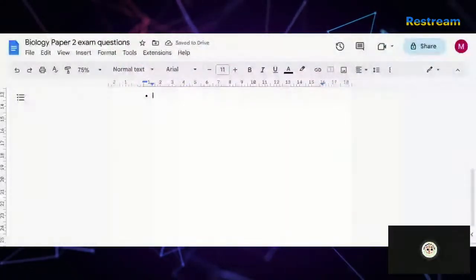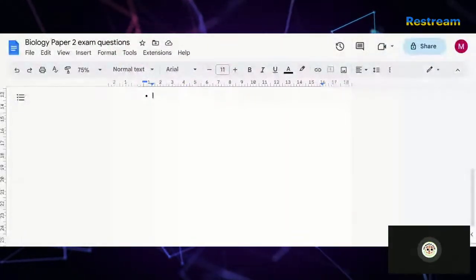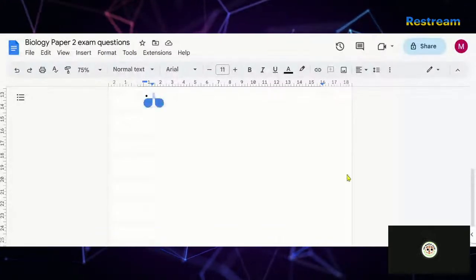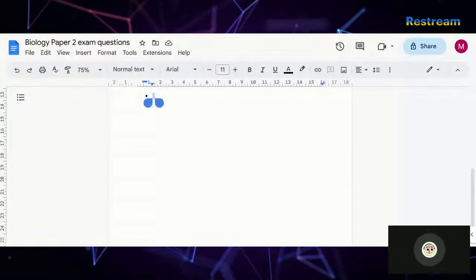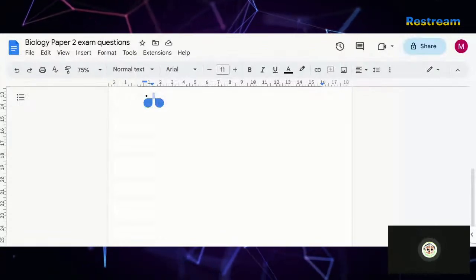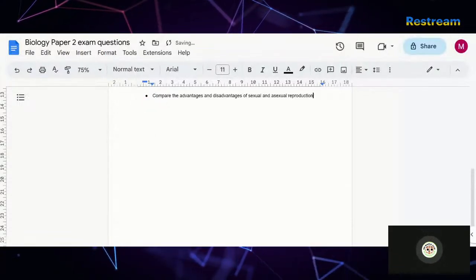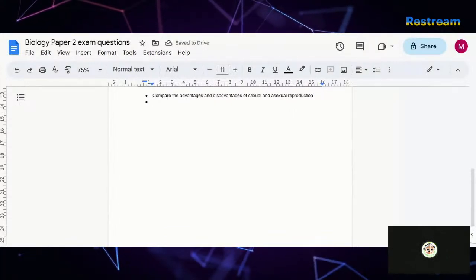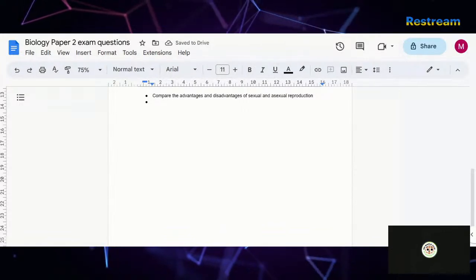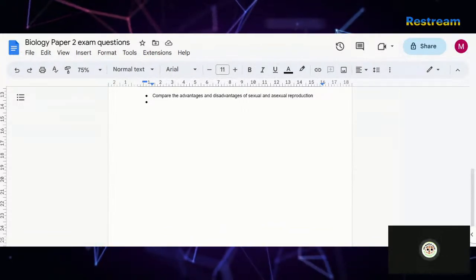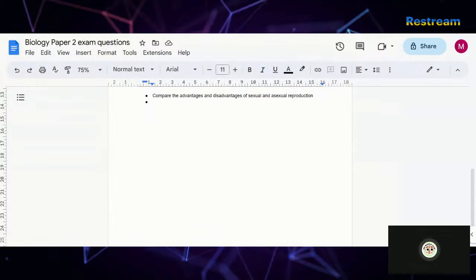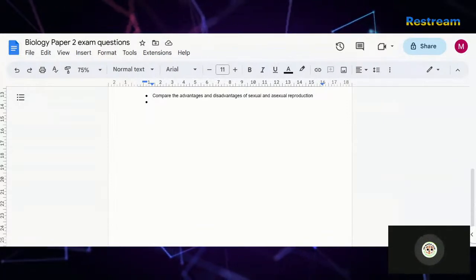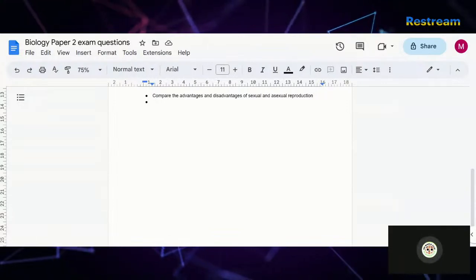Okay, so the first B6 question: compare the advantages and disadvantages of sexual and asexual reproduction. So we're being asked to look at sexual reproduction and asexual reproduction, look at the differences and see what are advantageous differences or disadvantageous ones.